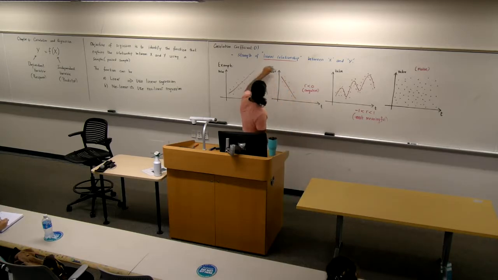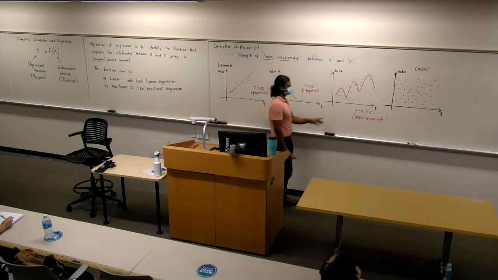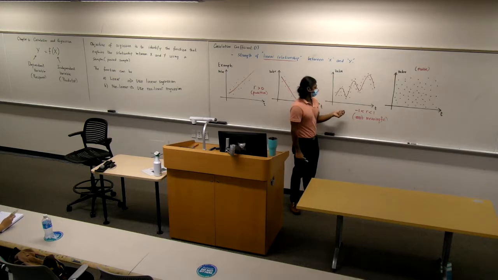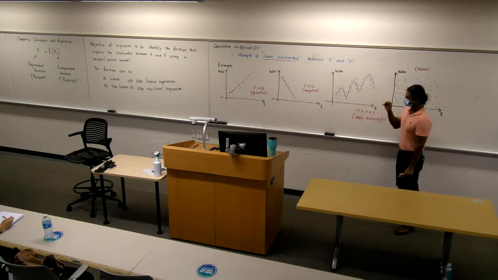So R is meant only for a linear relationship. As I mentioned earlier, we can find a value of R in this case. If we plug it into the formula, we'd get a numerical answer. But we can't interpret it because R stands for linear correlation coefficient.